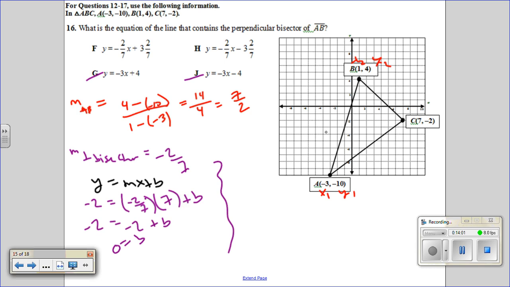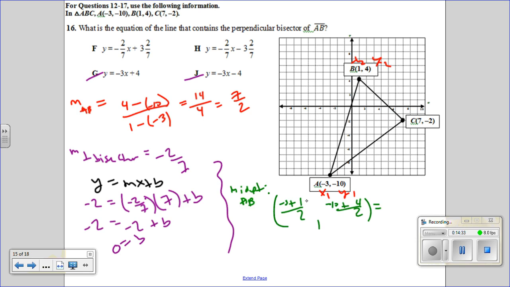Perpendicular bisector would have to go through the midpoint of AB. So we need to find the midpoint of AB, and we're going to use this point to plug it in to the answer choices to see if we get the right one. So the midpoint from A to B would be x: negative 3 plus 1 over 2, y: negative 10 plus 4 over 2.